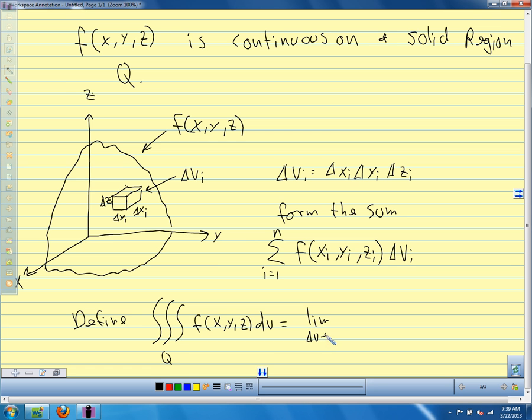I'm being loose with the terminology there. And we're just taking the limit of this sum. So this is our definition of a triple integral, exactly analogous to how we defined a double integral.